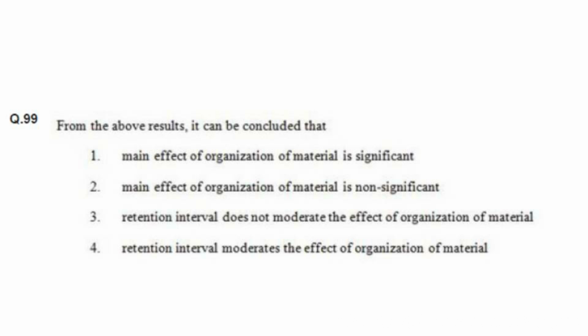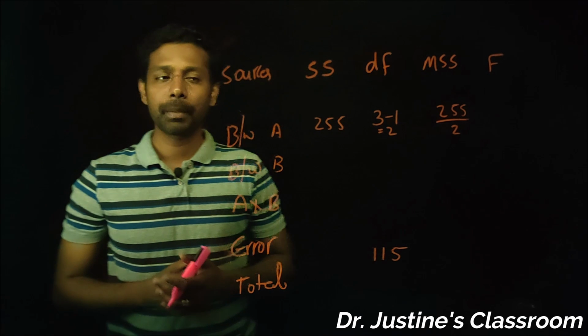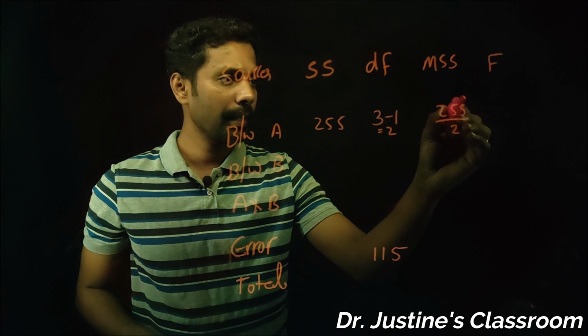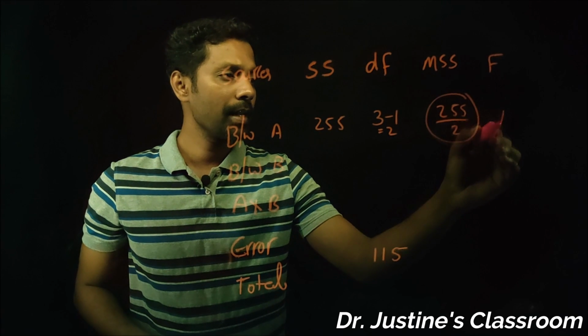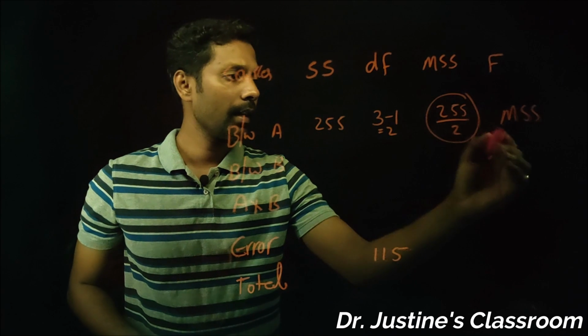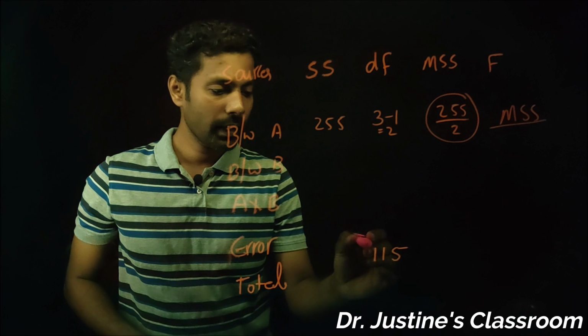What are the values available to us as output? Sum of squares of the independent variable is available to us, 255, and degree of freedom also we know, MSS also we know. Okay, so can you calculate F value based on that? We may not be able to do that because to calculate the F value here, you need the mean sum of squares of the between A divided by the error variance.